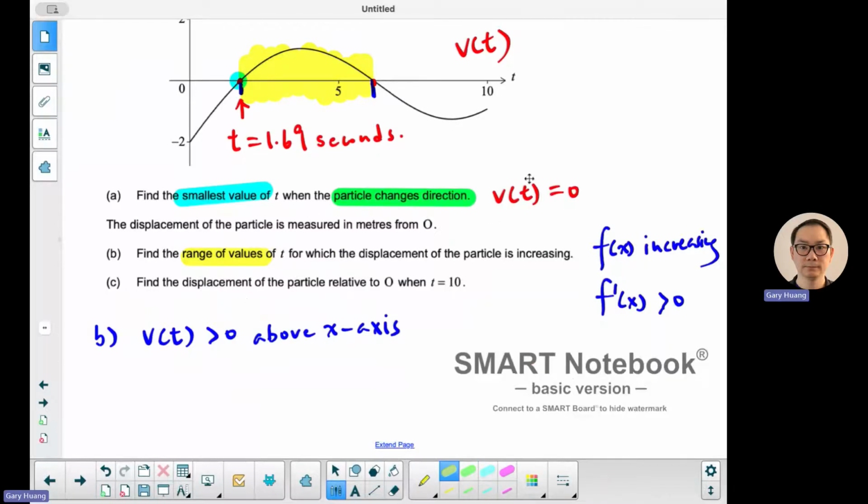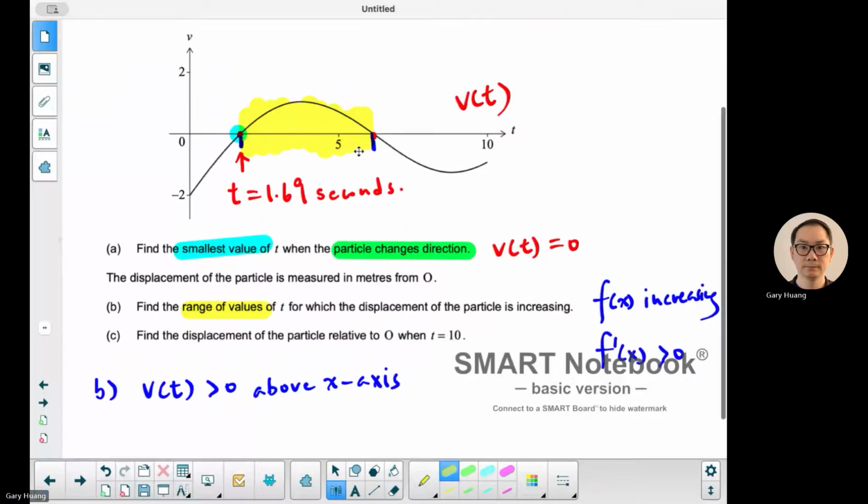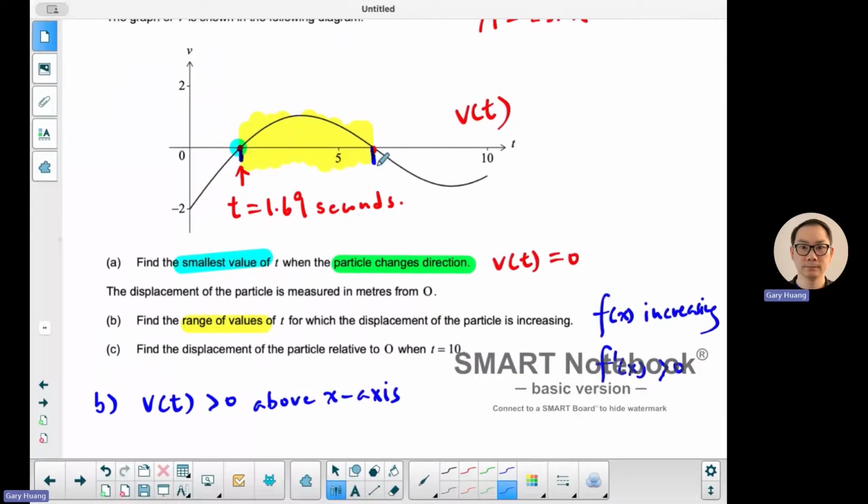So I'm going to do the same thing as what I did in part A, but now I'm looking for this x-intercept. So again, second trace 2, and you can find the second x-intercept. And I use my graphing calculator, and I'm getting 6.12 seconds.